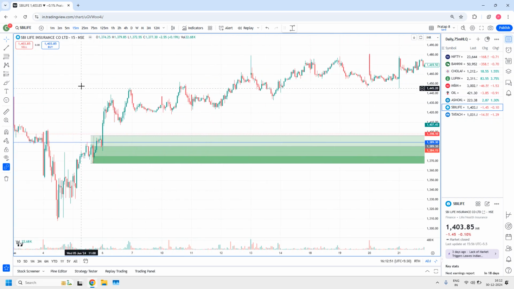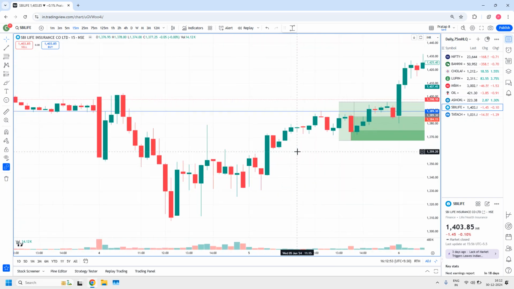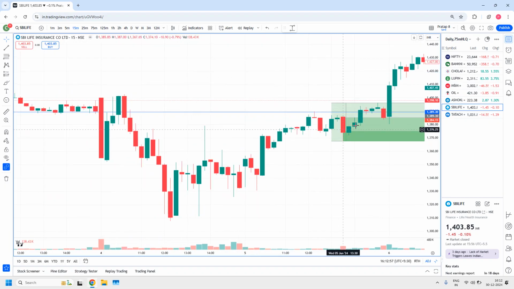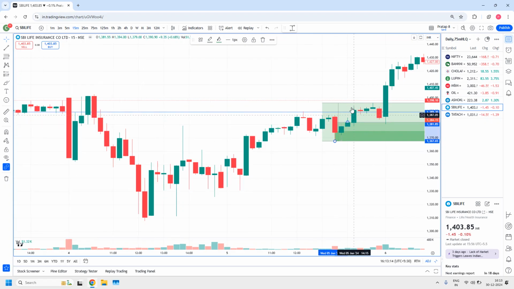So here you have a 15-minute zone. Rally, 2 base candles and a rally candle. To make it clear, let me put it like this. Not rally, sorry for my mistake, drop base rally. This is a drop base rally.